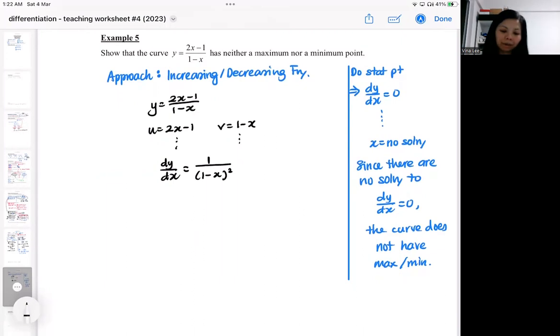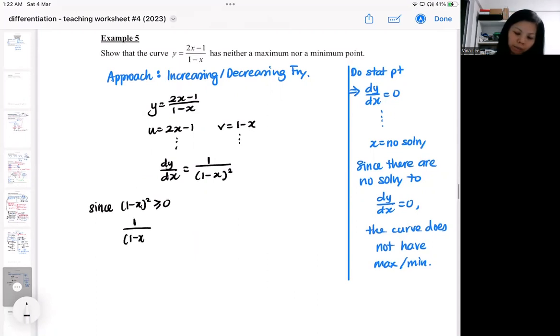If I'm going to go by the increasing and decreasing function approach, I will do an explanation. I will target the perfect square. So the denominator is always positive. The numerator is already positive. So the whole fraction ends up positive, and that is your dy dx being positive.